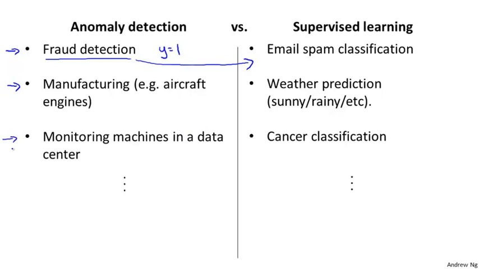Monitoring machines at the data center, again, similar arguments apply. Whereas email spam classification, weather prediction, and classifying cancers, if you have equal numbers of positive and negative examples, or many examples of both, then we would tend to treat all of these as supervised learning problems.